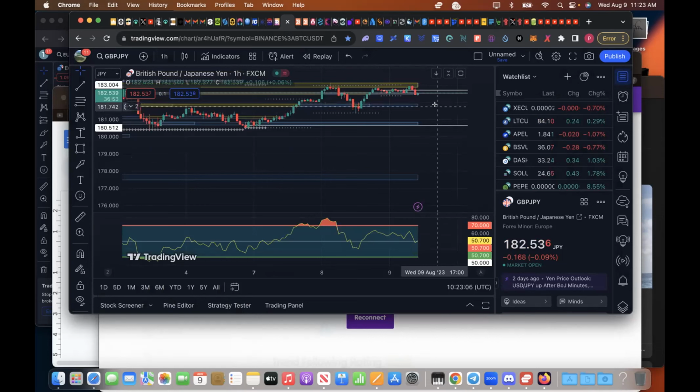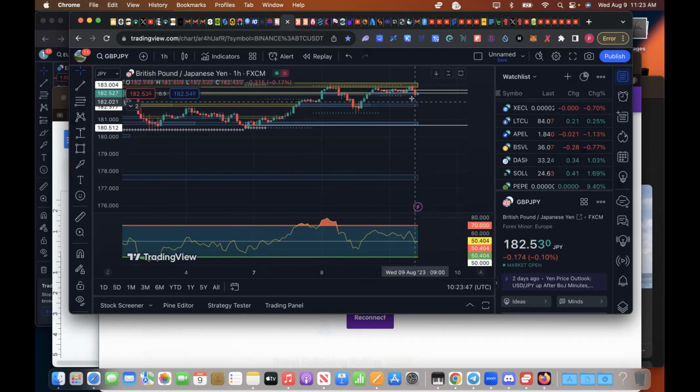Yes, JPY is for sale, but we have to be cautious because it has a similar neckline here. The trading zone for JPY for sale is from 182.325 to the first region of 181.742 and to the last region 180.932.